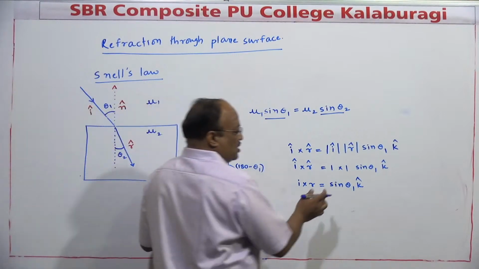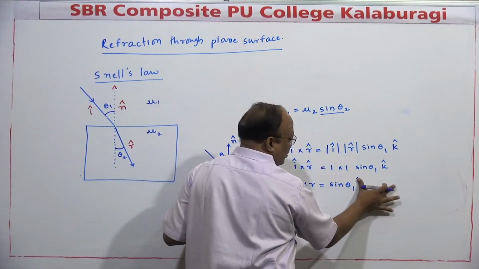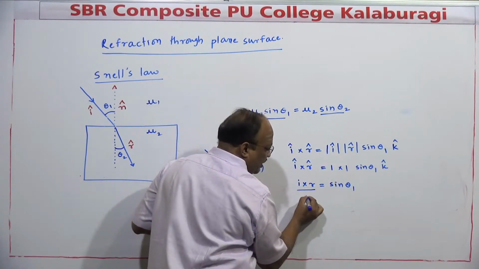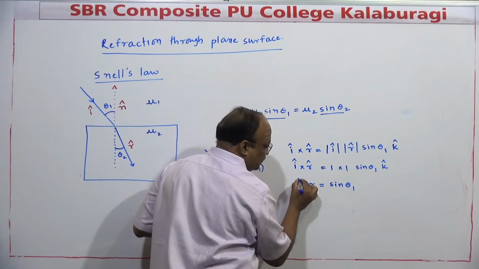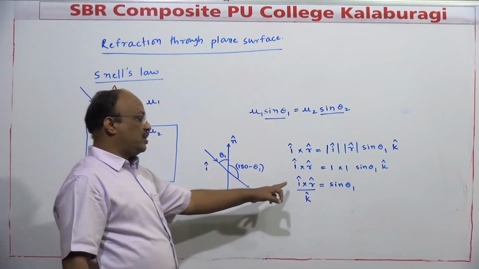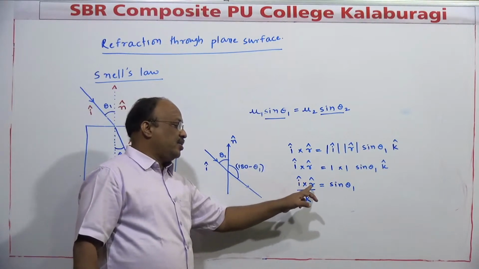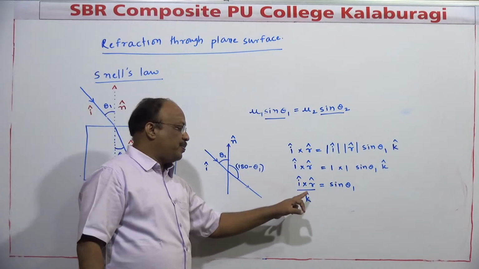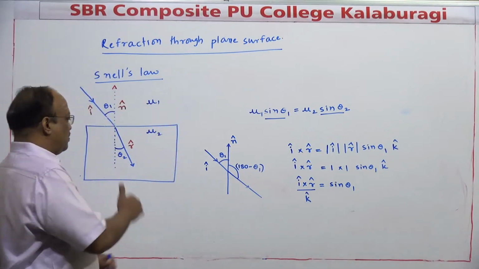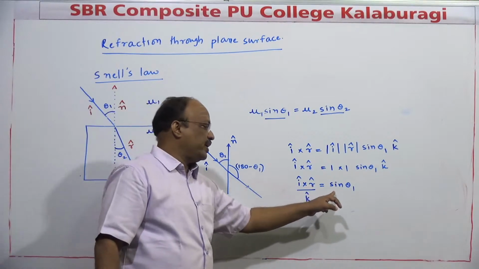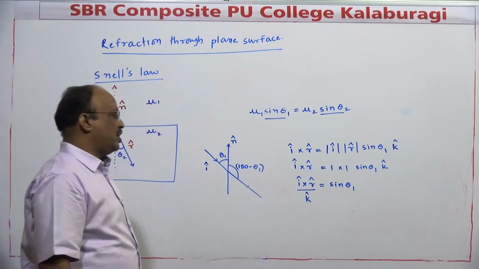I want a sine theta 1 value here. So this k cap I will take here: unit vector along the incident ray, unit vector along the refracted ray, and k cap is the unit vector perpendicular to the resultant of these two.